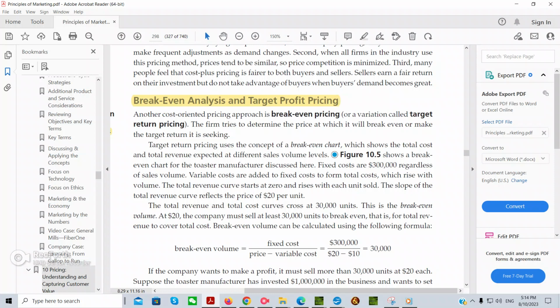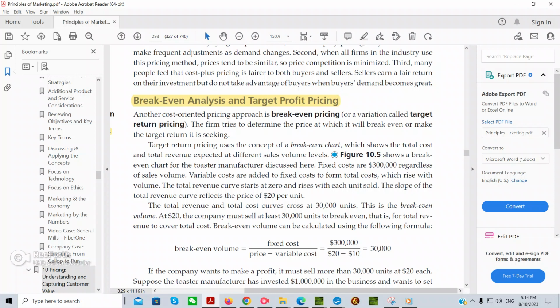Remember that your break-even volume equals the fixed cost, which means the same cost of operating the business every month, divided by the price minus the variable cost. So let's say it costs, for example, $300,000, and the price is $20 with a variable cost of $10.